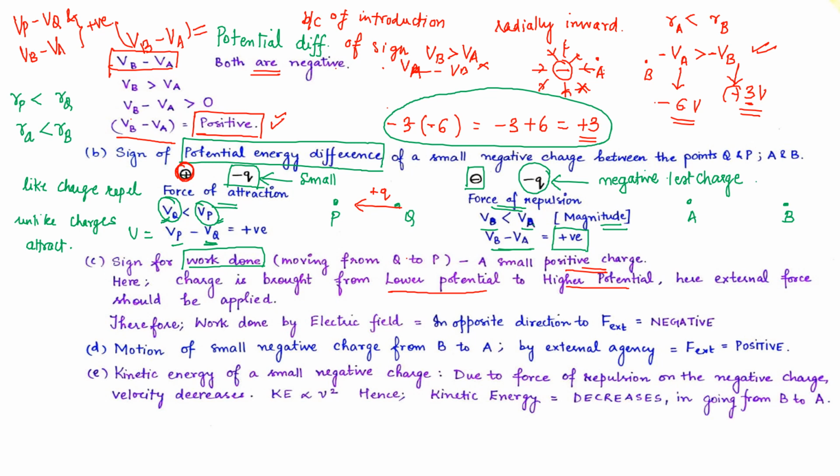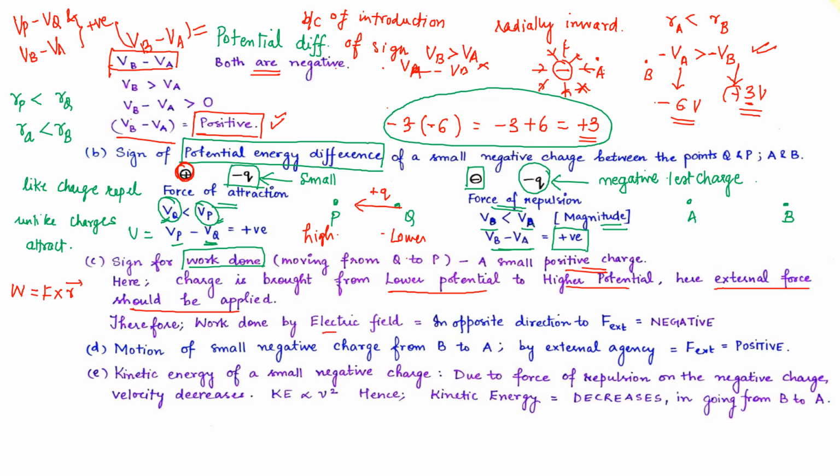So we will say that it is brought from lower potential to higher potential, and when we are bringing it from lower to higher, the repulsion will increase, and we need more external force to keep it in position. Why? Because we know that work done is given by force into the displacement.